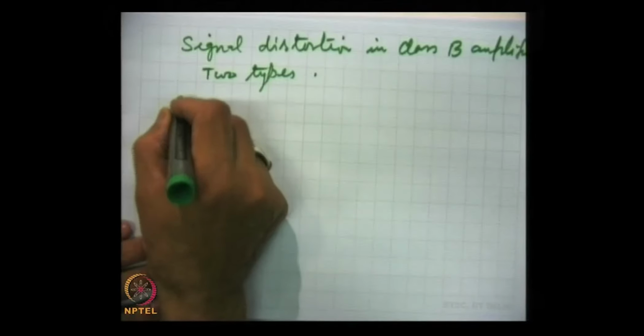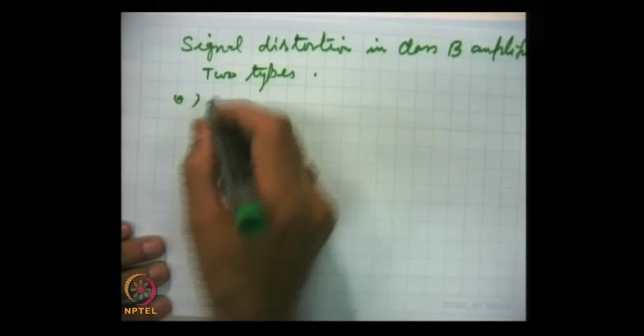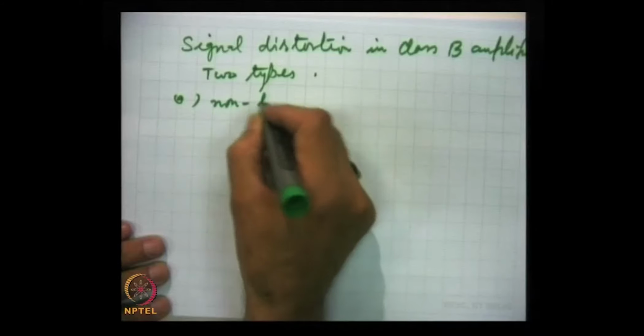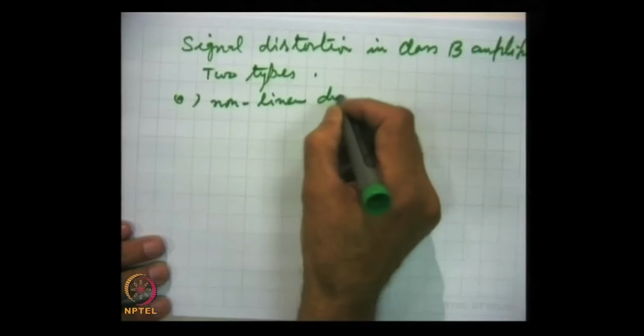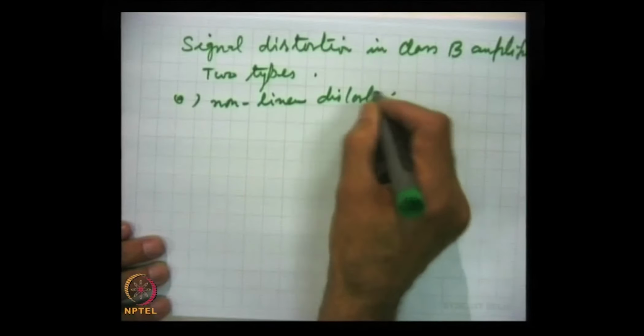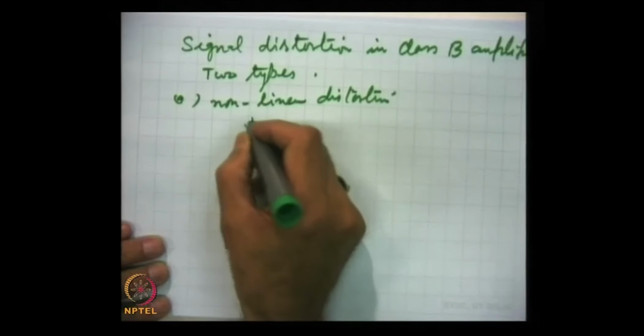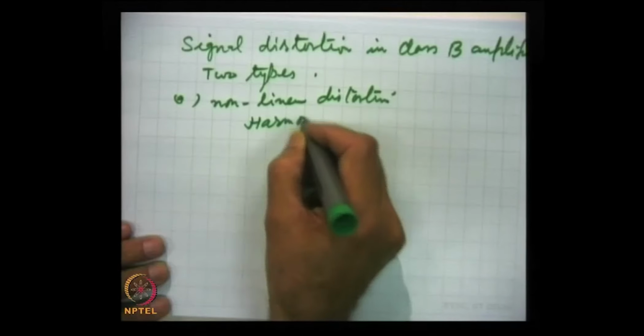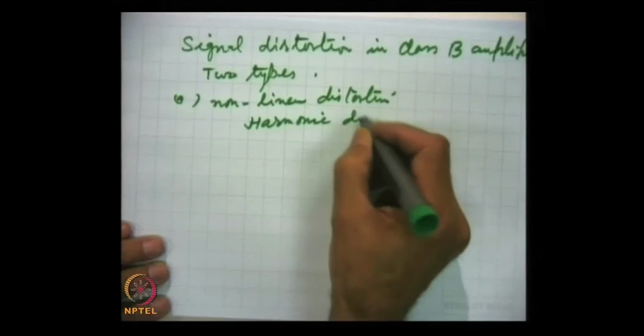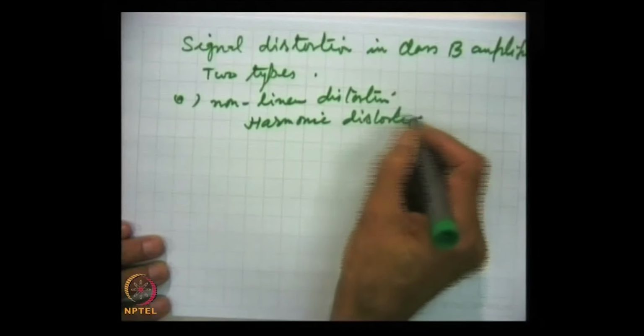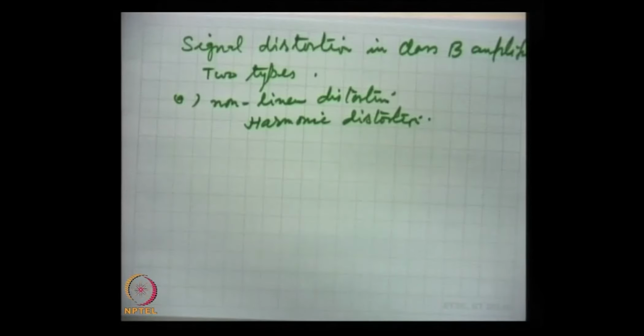One is nonlinear distortion, which is also called harmonic distortion, in which the frequencies in the output will be multiples.